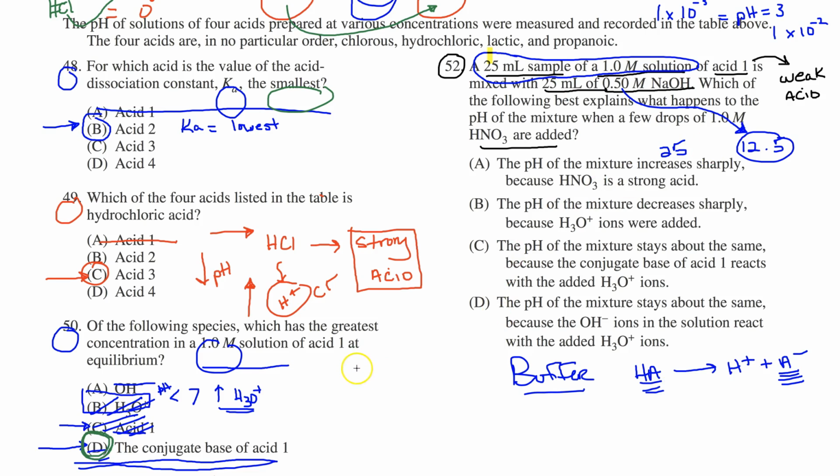So if we want to plot this, just to get a visual of what we're talking about, remember this is pH changes, and this is, in this case, the volume of the base added. And it looks something like this. And this equivalence volume, based on this information, 25 milliliter sample of the acid, and you added 25 milliliters of 0.5 molar, it seems to me that you would need twice as much of that.